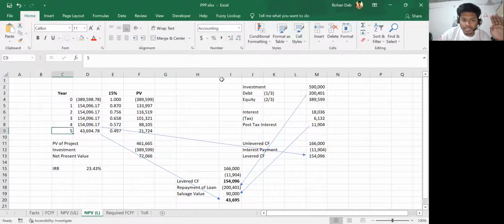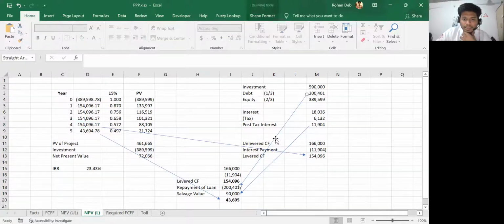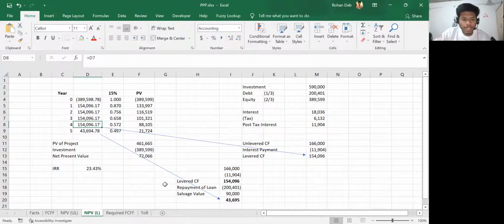Now for year 5, this is the cash flow. For the remaining years, my cash flow is 154,096. Let me delete these two arrows because you'll get confused. Now I'm using this to calculate the new PV, based only on the levered cash flows.